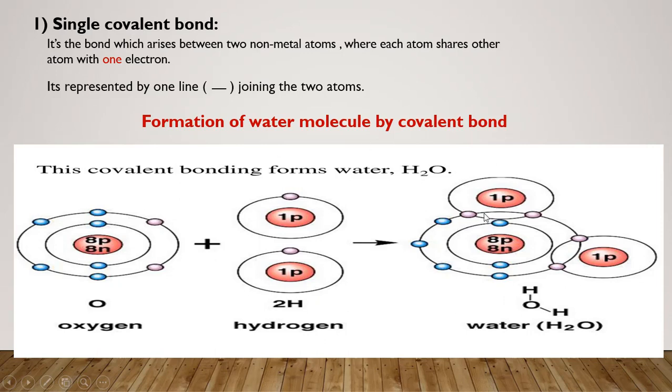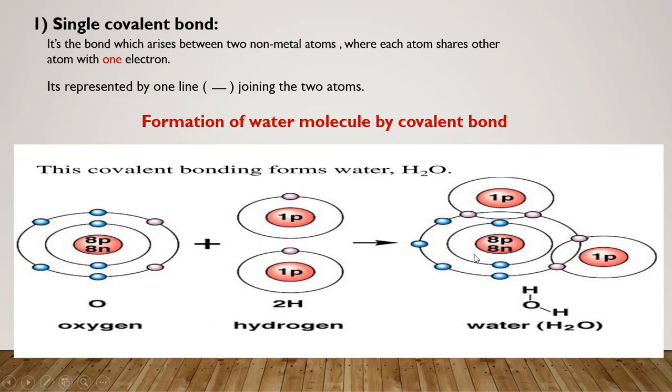Let's see here. For example, here, the first hydrogen atom, if we look carefully at the energy level, we will see that it contains 2 electrons, so it's completely filled. The second hydrogen atom contains also 2 electrons. One of them belongs to the hydrogen and the other one belongs to the oxygen. And here also one of the electrons belongs to the hydrogen and the second electron belongs to the oxygen.